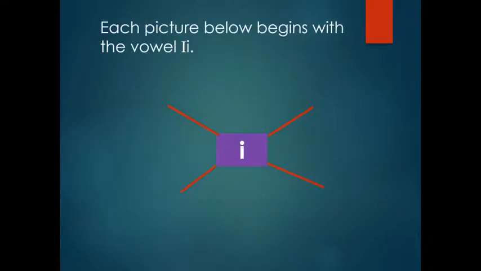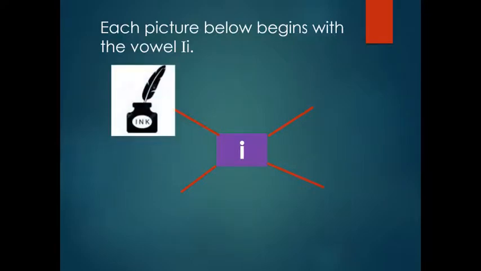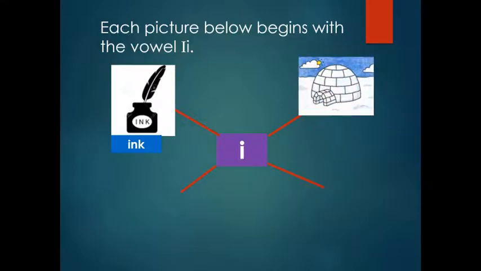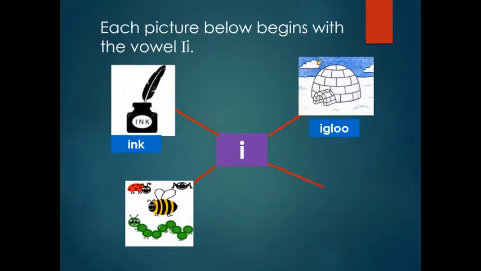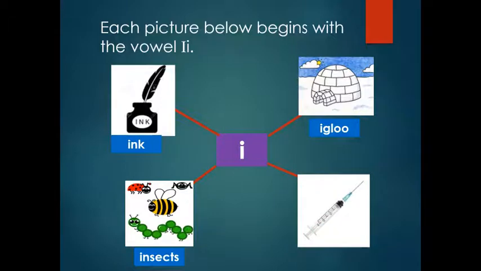Now the letter I. Each picture below begins with the vowel I. The sound is I. Ink, igloo, insects, injection.